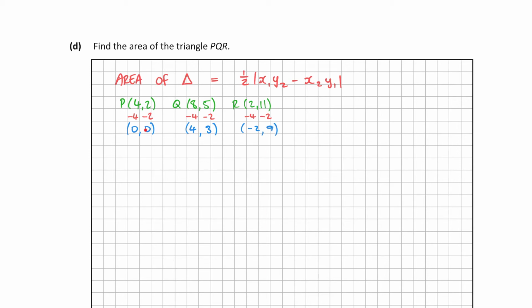So now I have 3 coordinates, but I've got one of them being 0, 0. So let's just label them. So we can label this x1, y1, and x2, y2. And now we're just going to put it into the formula.